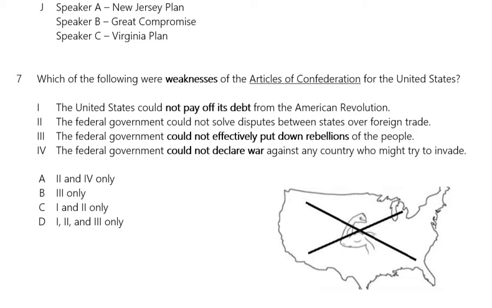The federal government could not declare war against any country who might invade. A. 2 and 4 only. B. 3 only. C. 1 and 2 only. D. 1, 2, and 3 only. Pause the video to answer question 7.